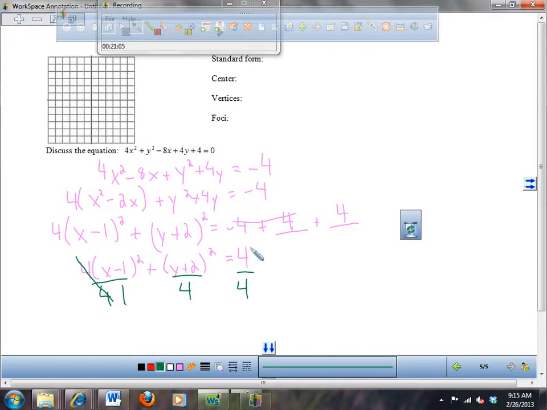So now in standard form, this becomes (x minus 1) squared over 1 plus (y plus 2) squared over 4 equals 1.